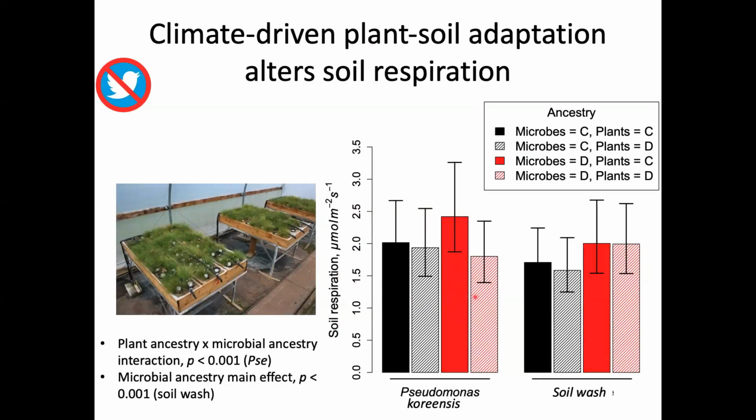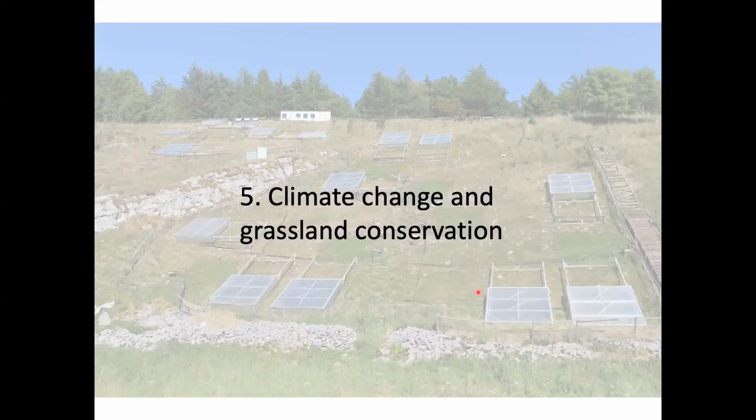But when you do that with a plant that's adapted to the drought treatment, then the genetic adaptation of the plant suppresses that respiration response. So this might imply that we've got quite a tight coordination between plant adaptation above ground and microbial adaptation below ground. And we see similar effects with some other ecosystem processes in the same experiment, which I don't have time to go into.